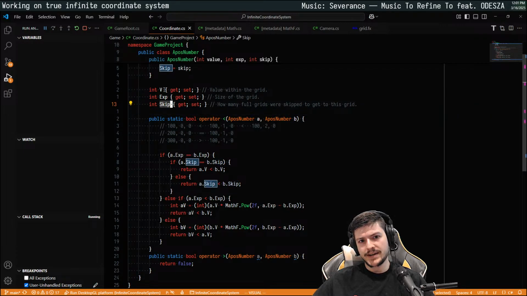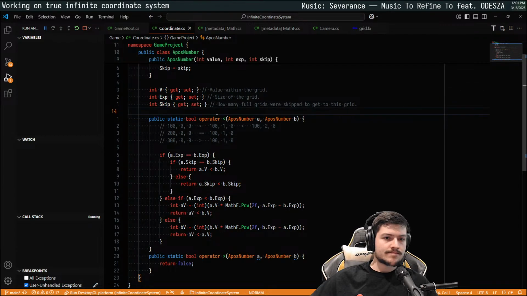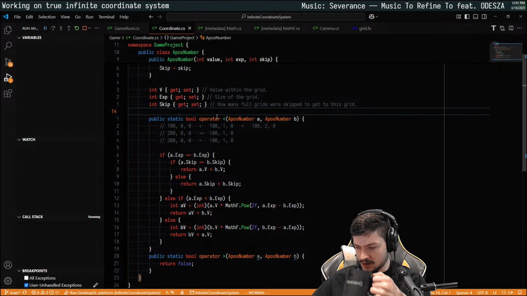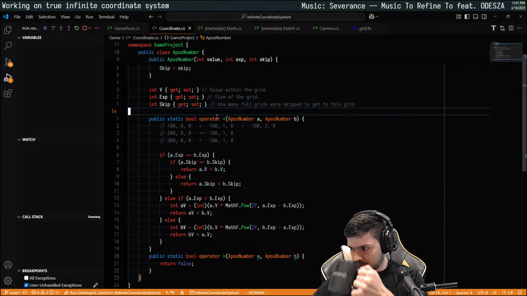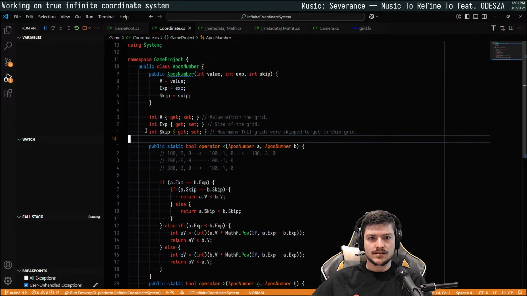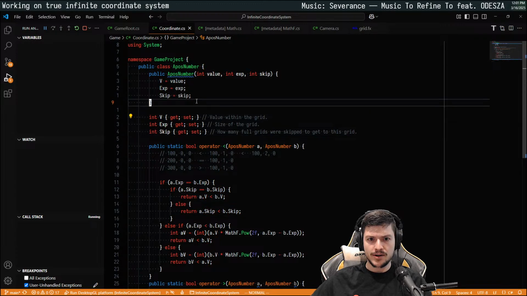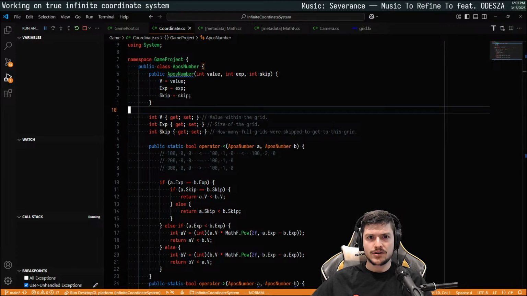It's multiplied by the max number of this plus v. So max int plus v, pretty much. I'll have to visualize it after. But the goal is to be able to know where a number is relative to the origin.